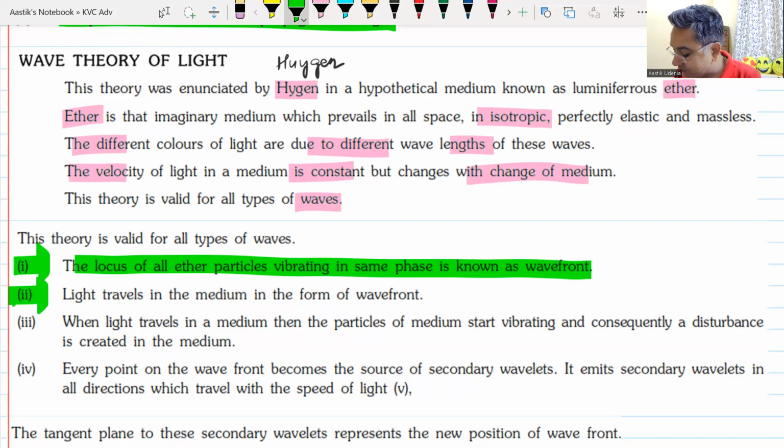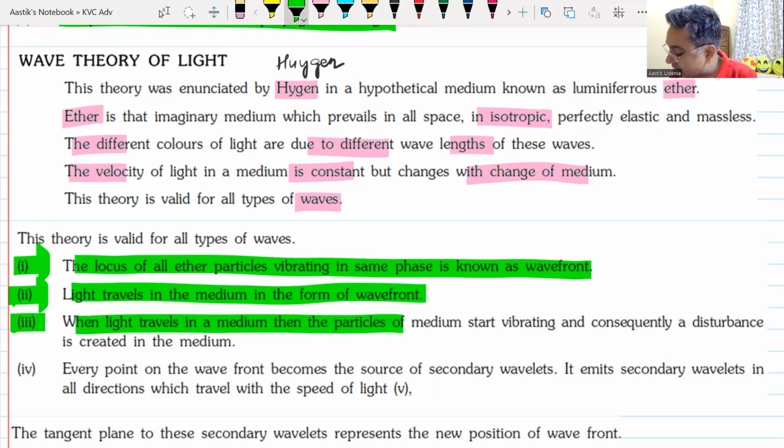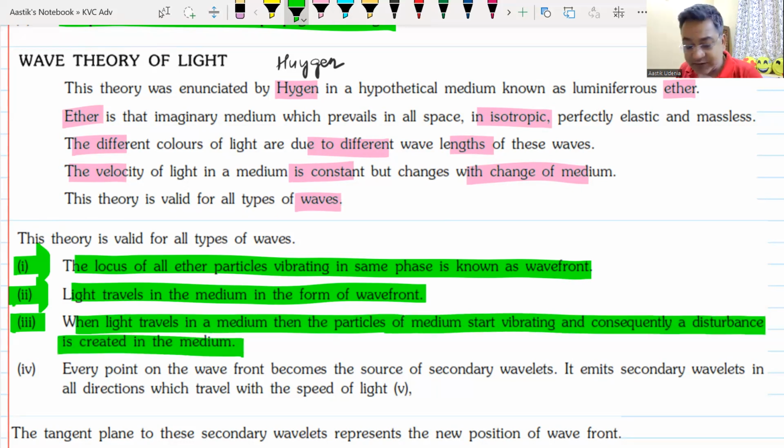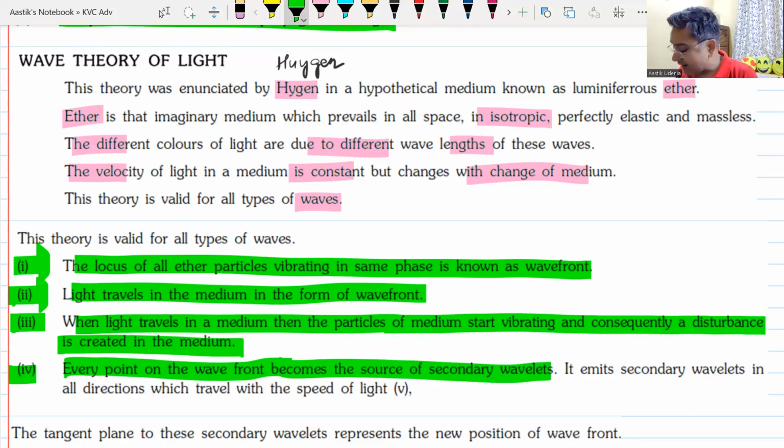Light travels in the form of wavefront. We have seen that. Yes or no? Yes. When light travels in a medium, then particles of the medium start vibrating, and therefore a disturbance is created in the medium. Yes or no? Yes. When light is traveling, it is creating a disturbance. Every point on the wavefront, every point on the disturbance becomes a secondary source, and they emit secondary wavefronts.